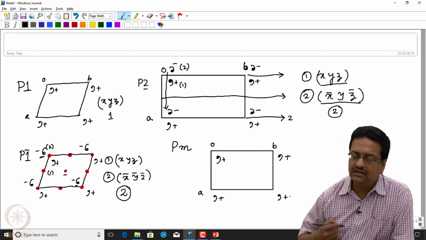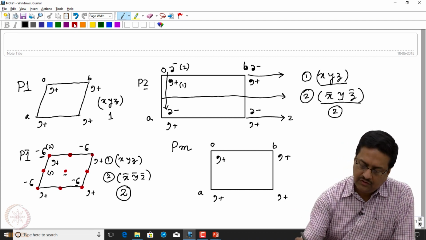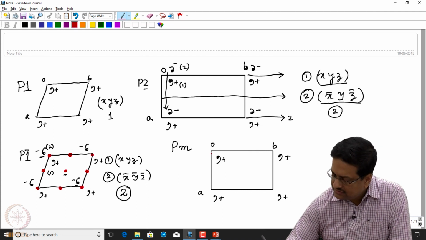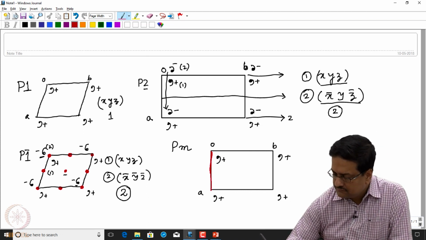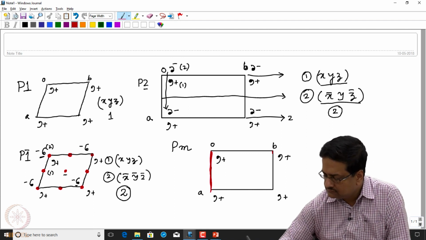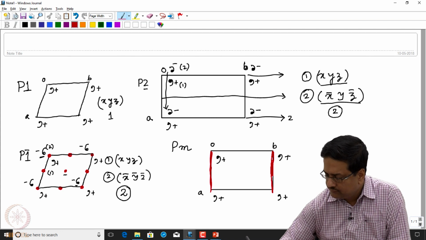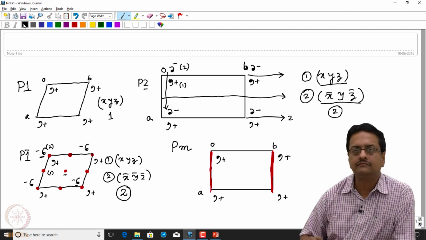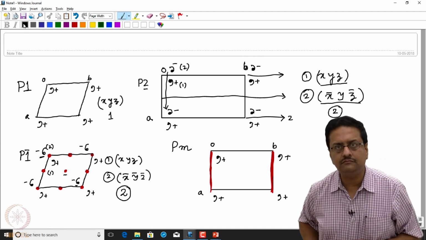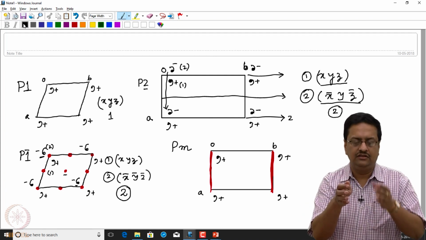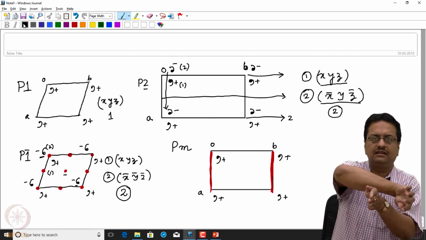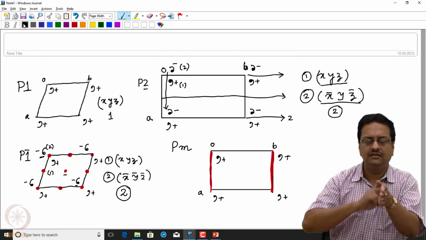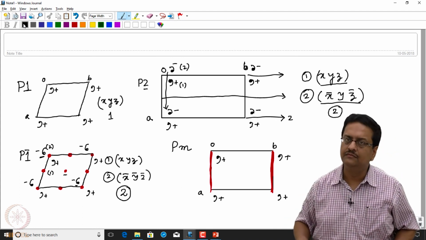Now as I said, the mirror is perpendicular to B, that means the mirror is along A. This red line is the mirror. So, if you apply mirror symmetry, what happens? If the object is here, your mirror is here, it gets reflected like that, but it still stays above the plane of projection.